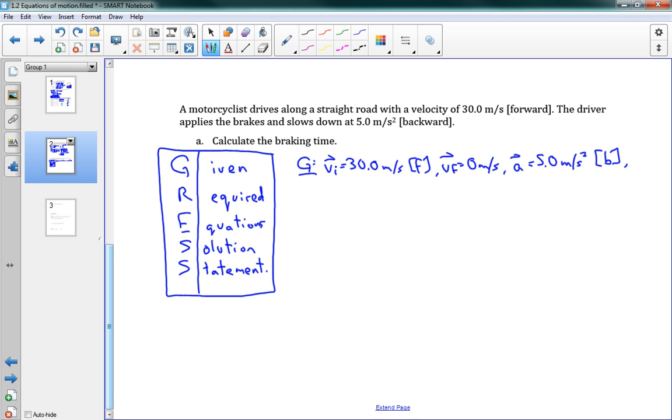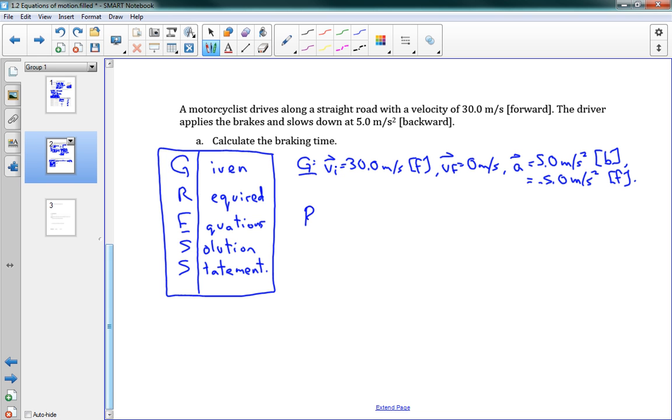That's what we're given. Now, I'm going to rewrite this acceleration: 5.0 meters per second squared backwards is negative 5 meters per second squared forwards. That makes our math easier if I put everything in the same direction. We're done listing our givens.